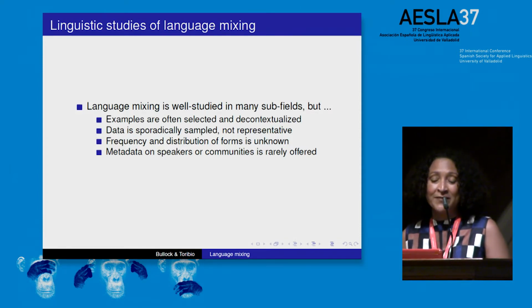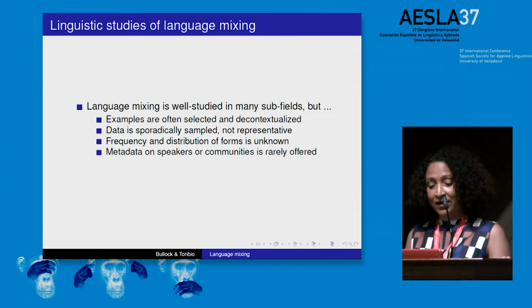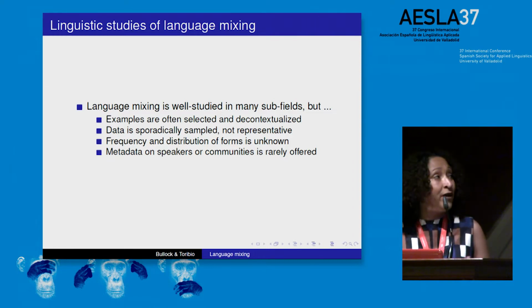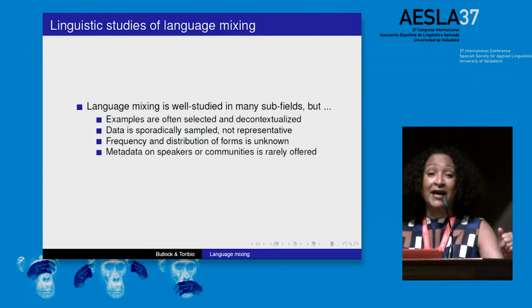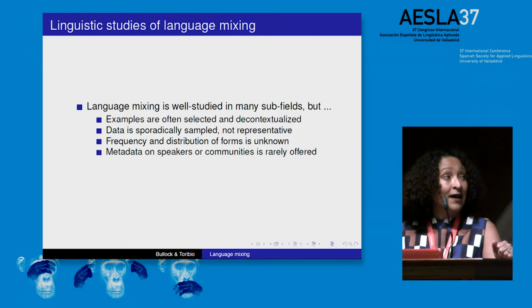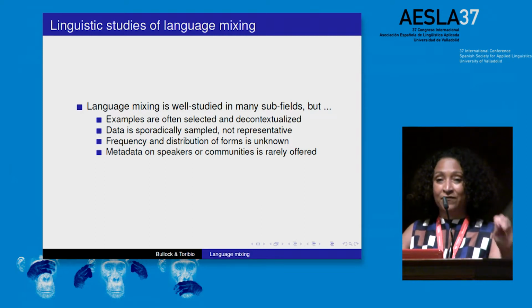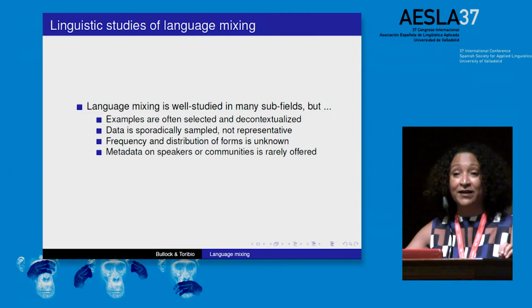When we look at language mixing from the perspective of linguistics, we know that it is very well studied and across multiple subfields, as we've heard at this conference. What we find, however, is that examples are often handpicked, right, cherry-picked, and decontextualized.